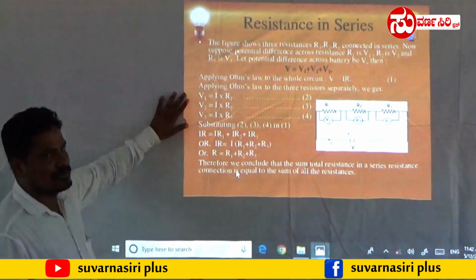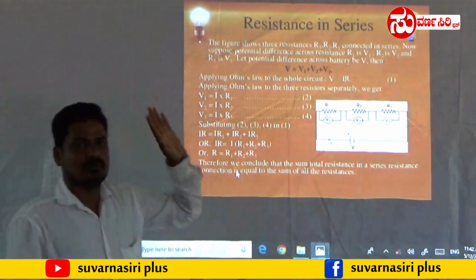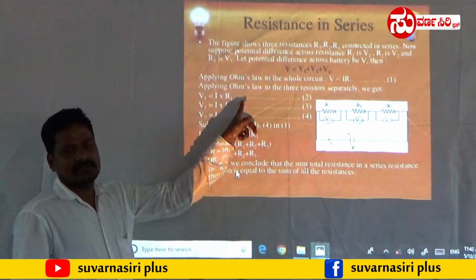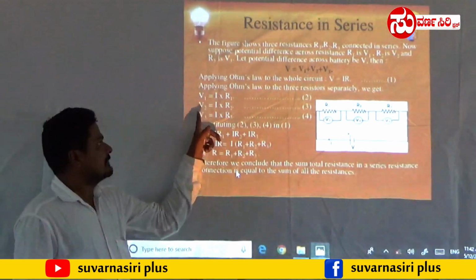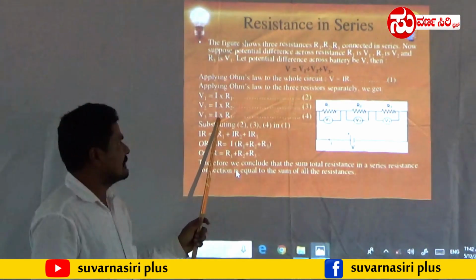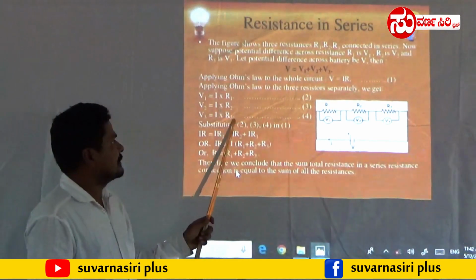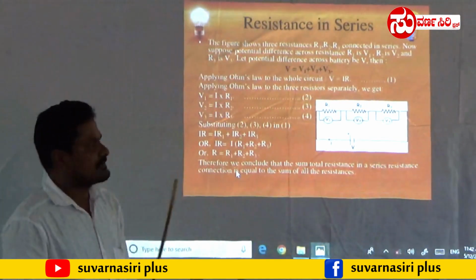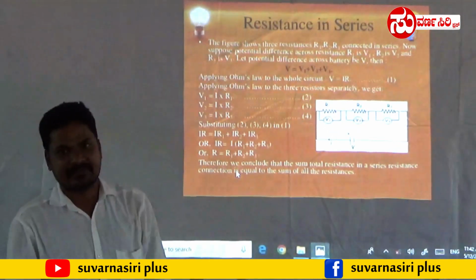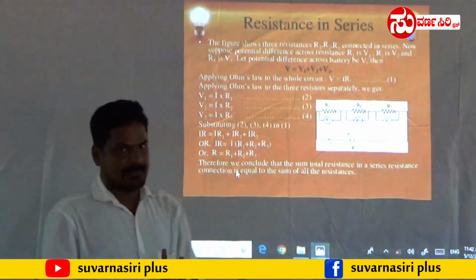According to Ohm's law, V is equal to IR, so V1 is equal to I into R1, V2 is equal to I into R2 and V3 is equal to I into R3. Here we see the potential difference is different but the current is the same.